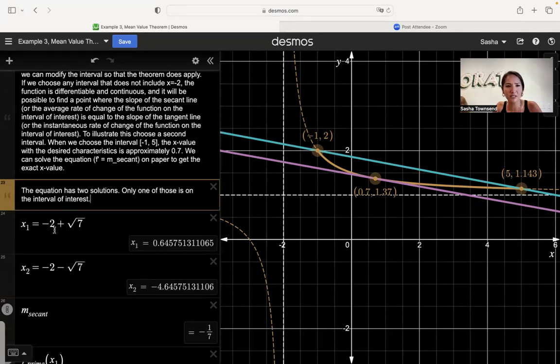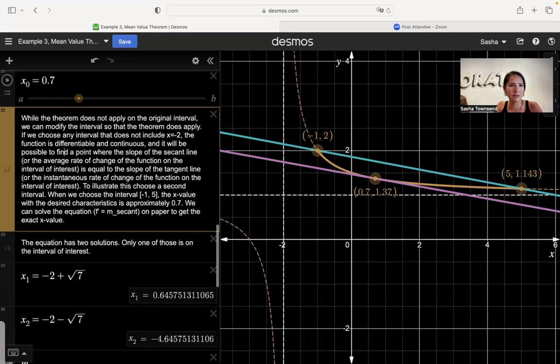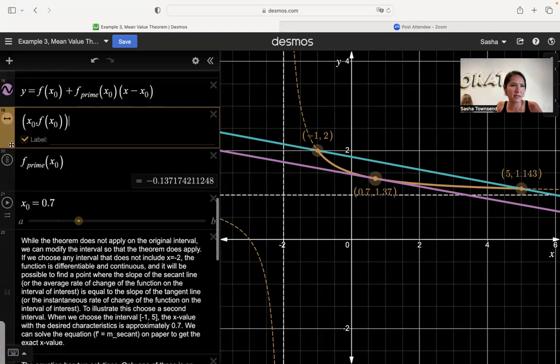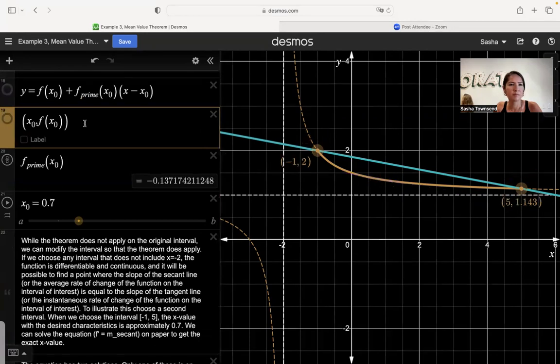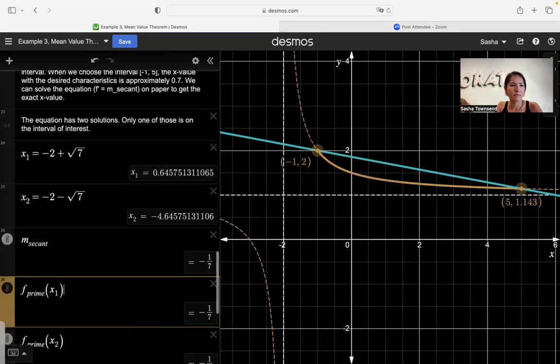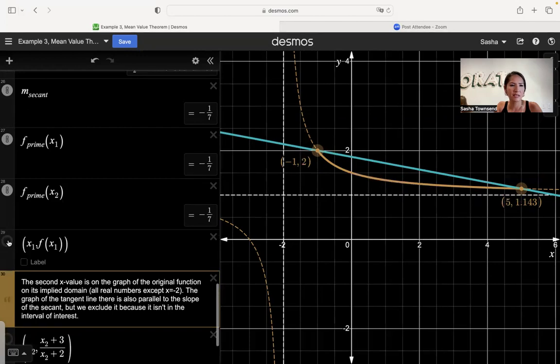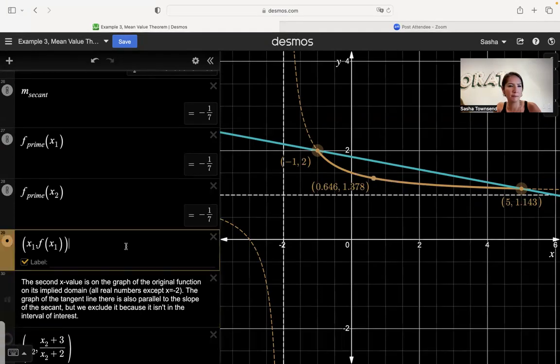But if the exact answer is -2 plus the square root of 7, let's get rid of the one where we were just approximating. Let's plot the point where the solution is. That's the x value where the slope of the tangent equals the slope of the secant.